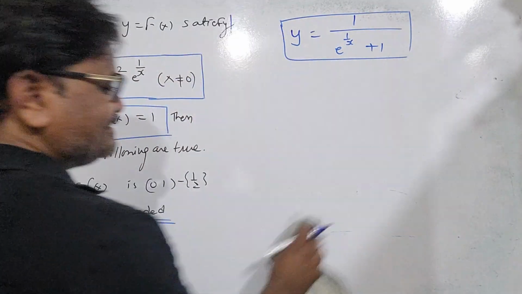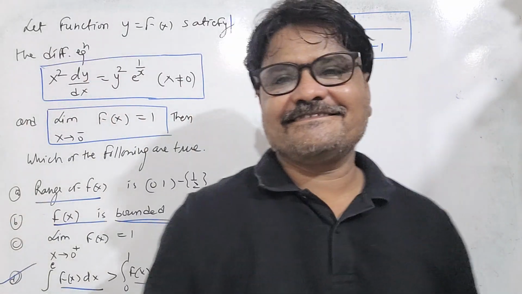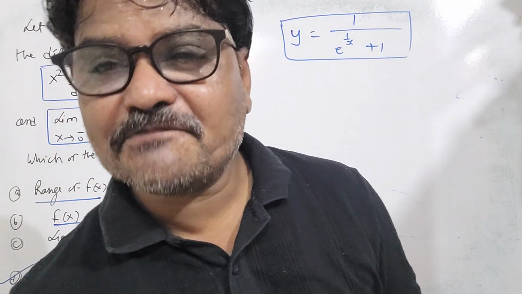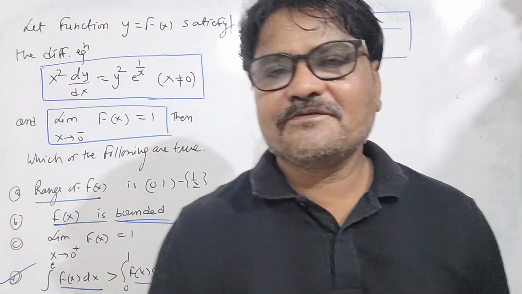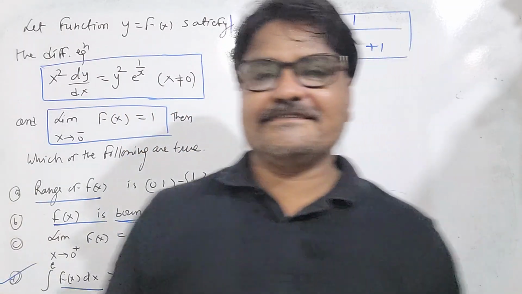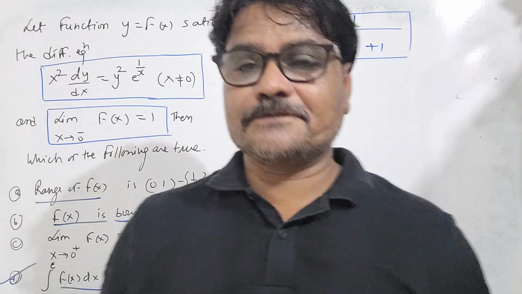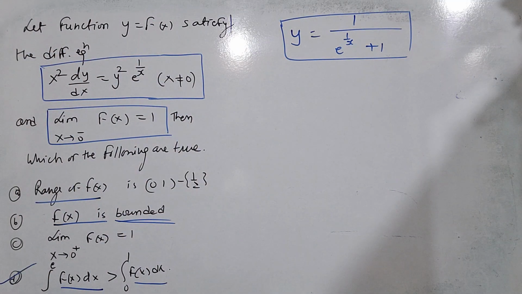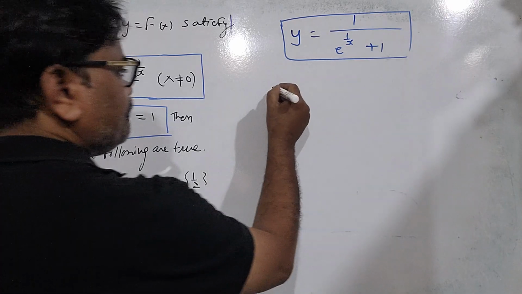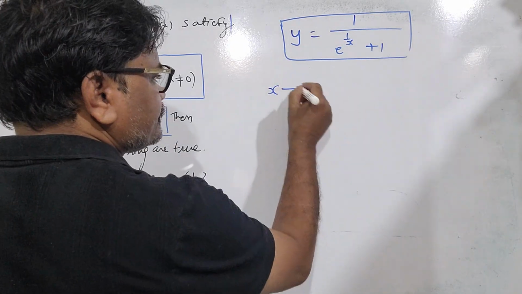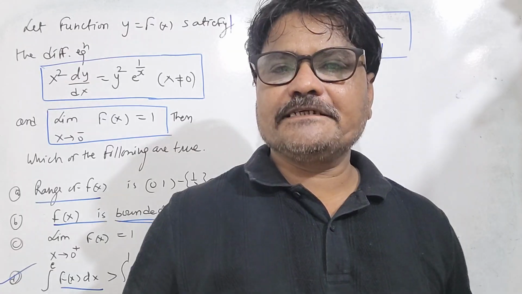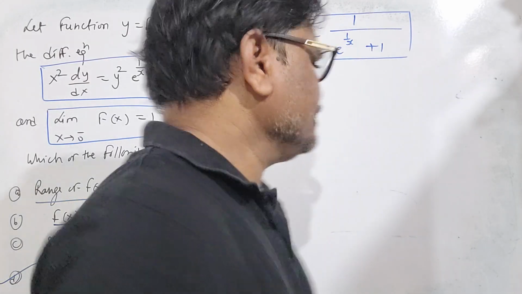Now coming to the range. The range of this function can be found using the concept of maximum value and minimum value. That is the way we find the range of such type of function. Same process as we did for finding the range of e^(1/x).